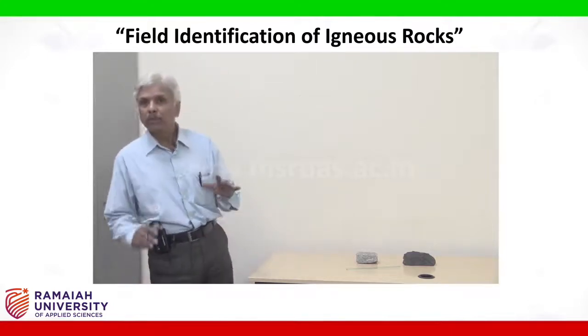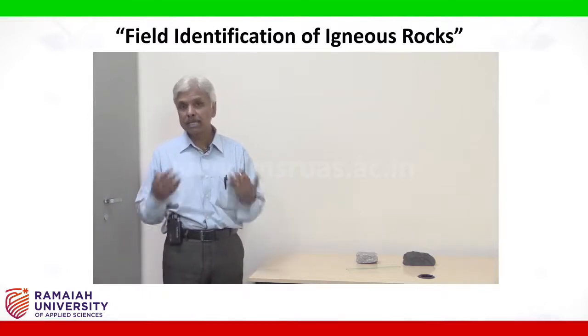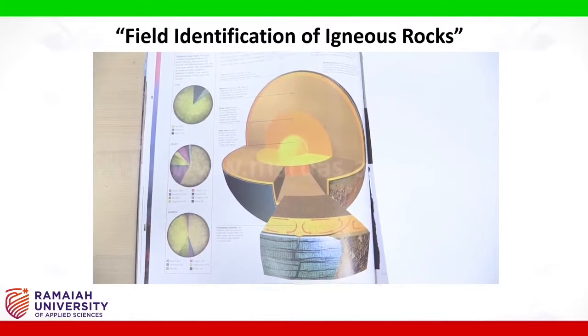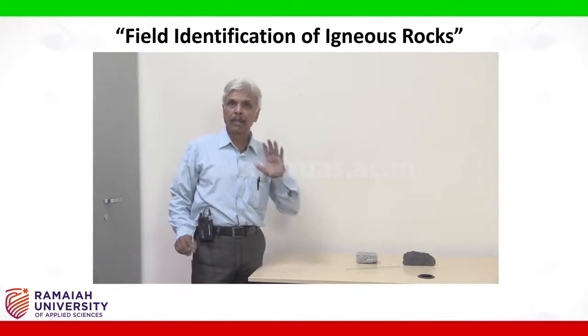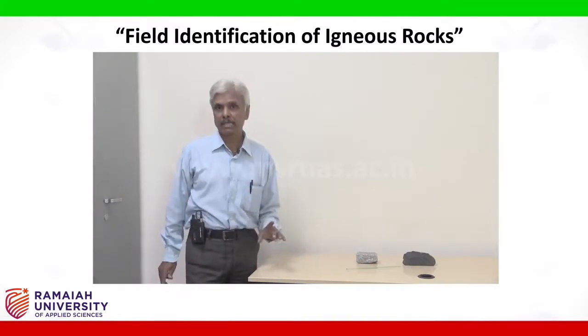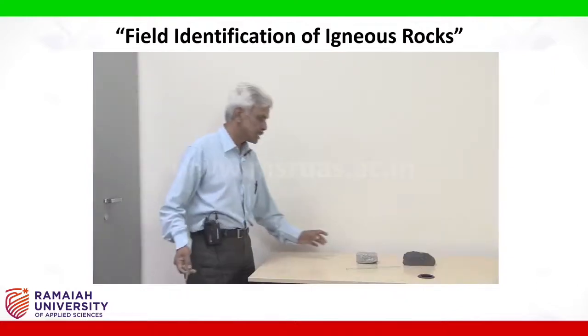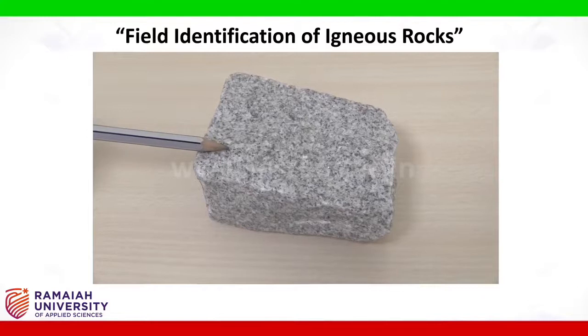So in the earth's structure, the rocks are essentially confined to the crust of the earth. There are two types of crust. One is the continental crust that consists essentially of the rocks of granitic composition.